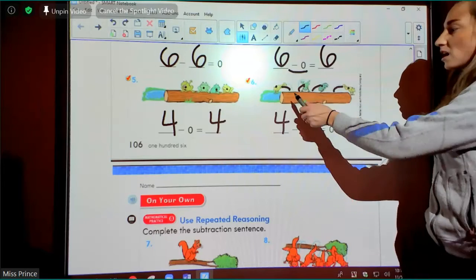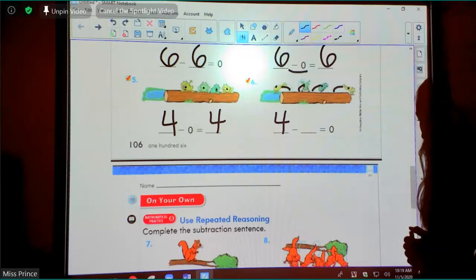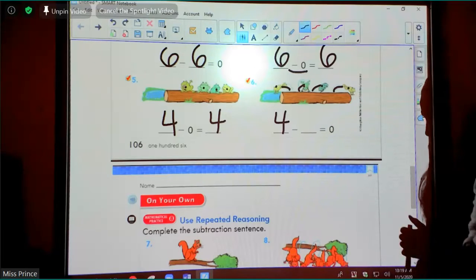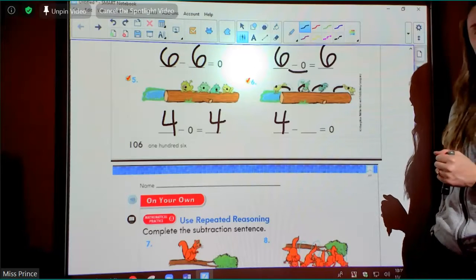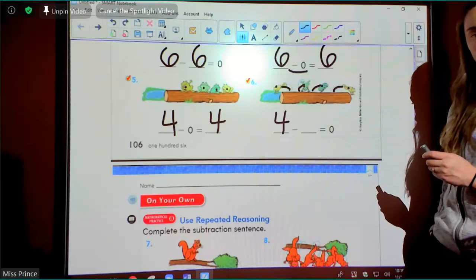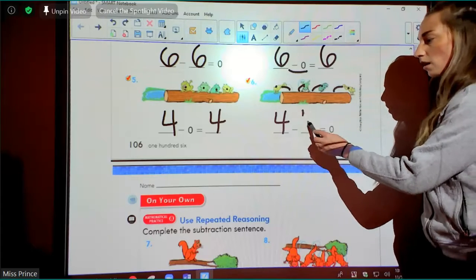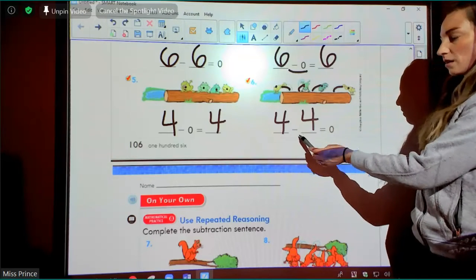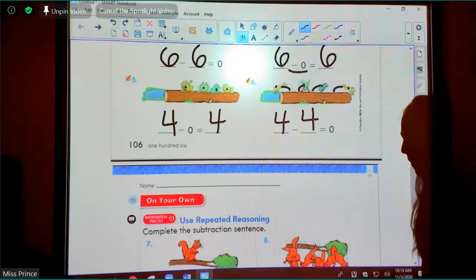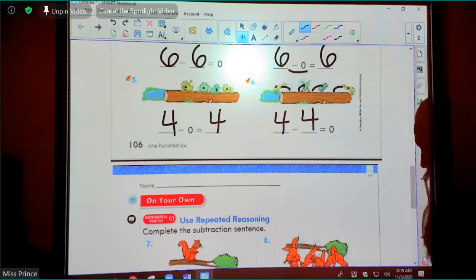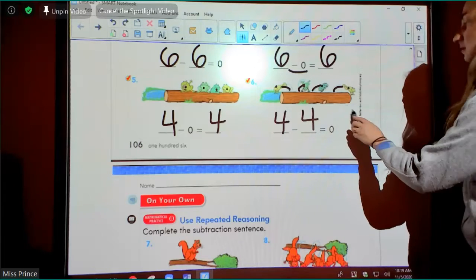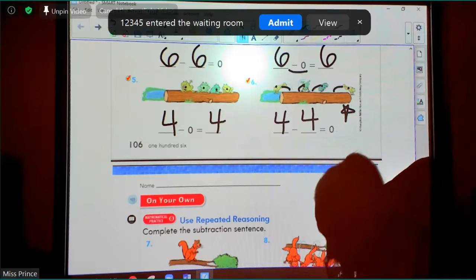They all jumped off of the log. So how many jumped off? 4. All of them jumped off. 4 take away 4. Jose, how many are left on the log if they all jumped? 0. Awesome job. Okay, pencil down, quick break.